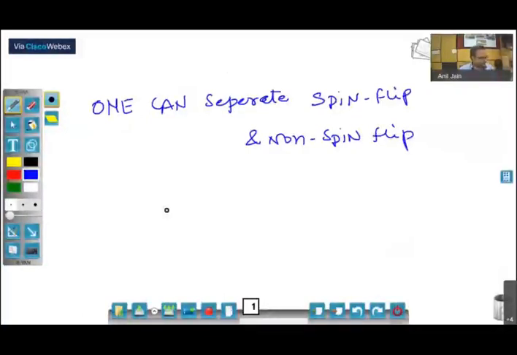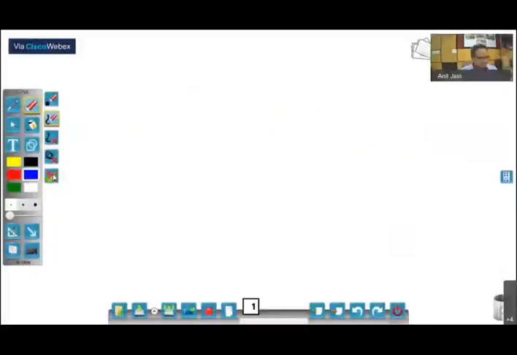Now, let's try to get this double differential scattering cross section under the condition when Ki equals Kf, meaning you are dealing with elastic scattering.